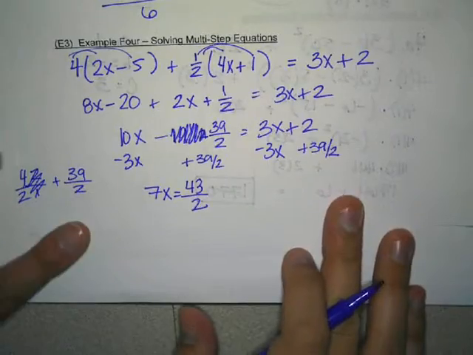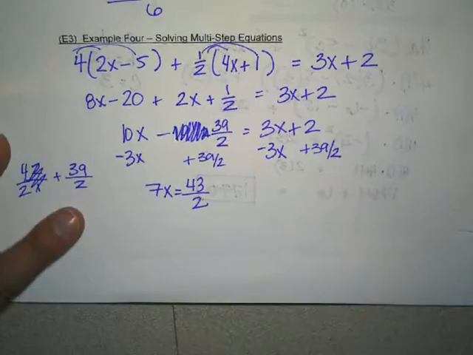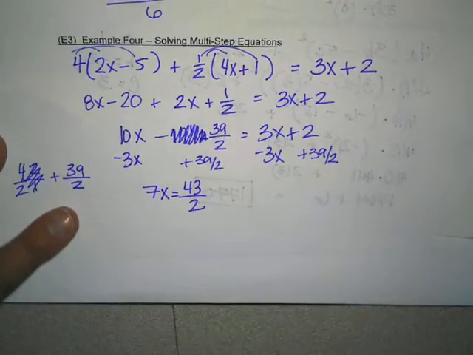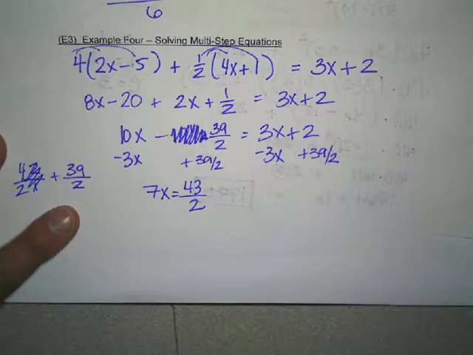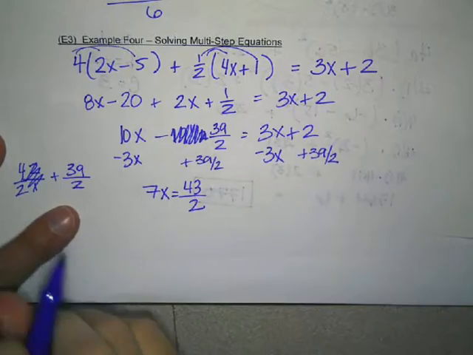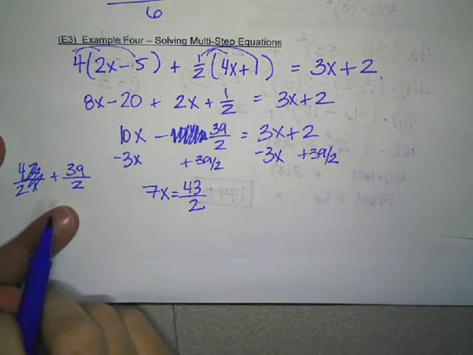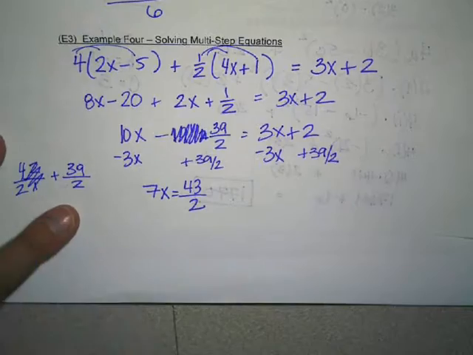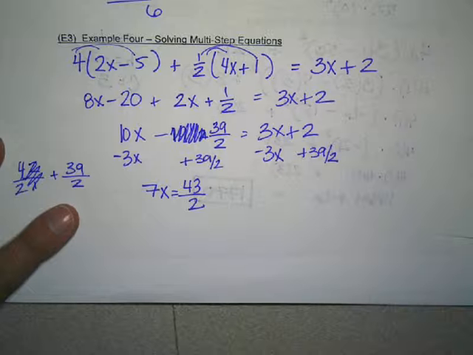And then normally we would divide by 7, correct? To get x by itself? Okay. You have a choice when you divide in these scenarios. You can divide by 7, but if we divide by 7, you're taking a fraction over here and dividing it by another fraction. It just gets kind of messy. You can divide by 7, or you can multiply by the reciprocal. It's the same thing.